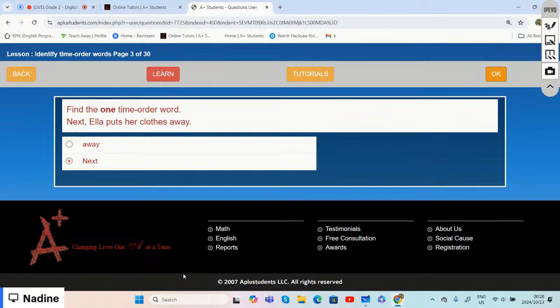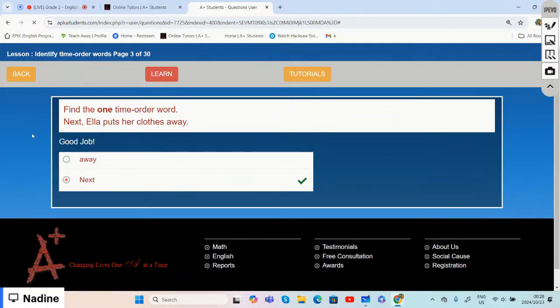So we need to find the one time order word, and we said next, she puts her clothes away.